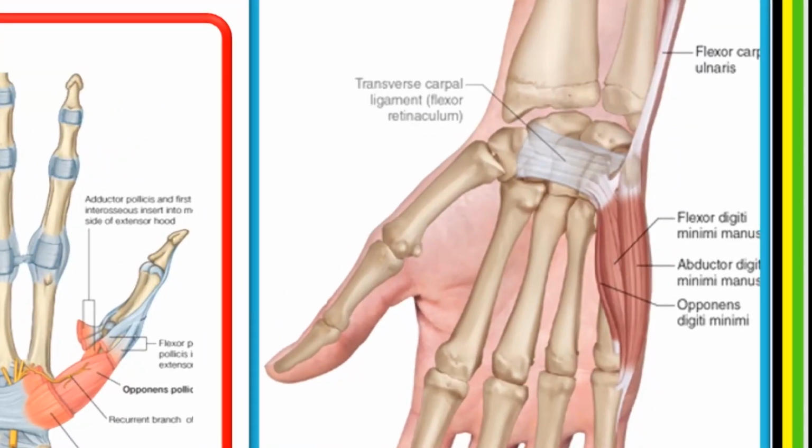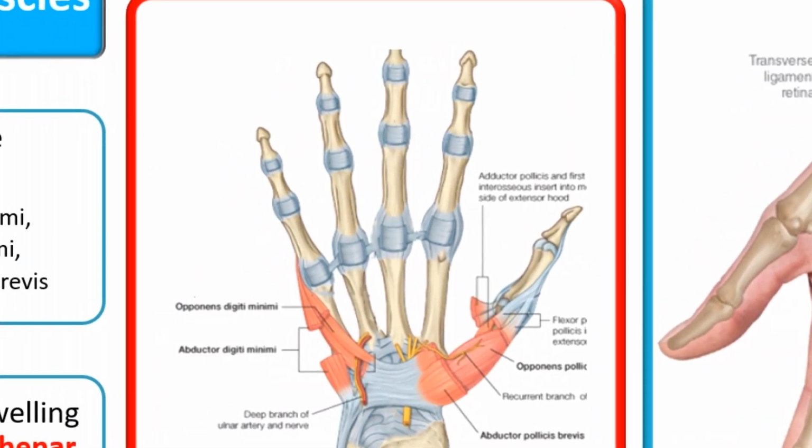So here we are seeing the Hypothenar muscles on the medial side of the palm, proximal to the little finger. Now in this diagram, here is the lateral side and here is the medial side. And these are the Hypothenar muscles. These muscles form a swelling that we call the Hypothenar eminence.